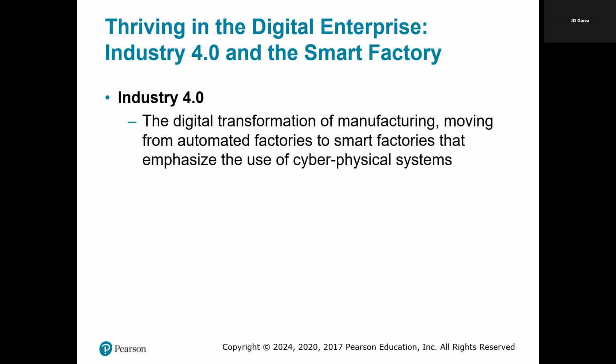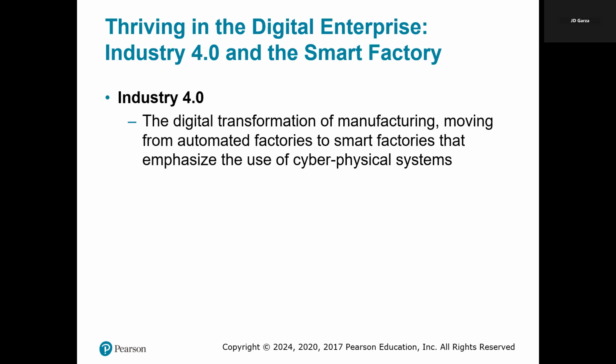This goes beyond traditional automation by creating smart factories that use cyber physical systems. This is a blend of digital technologies such as artificial intelligence, the Internet of Things, big data, and advanced robotics. One of the core concepts of Industry 4.0 is cyber physical systems.